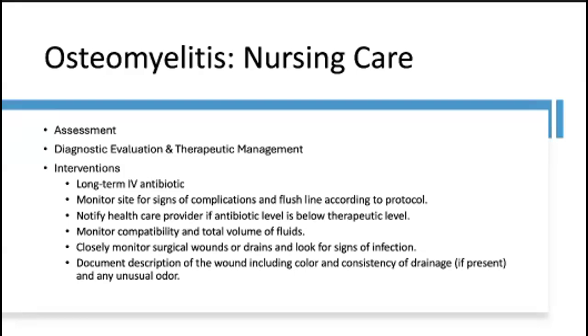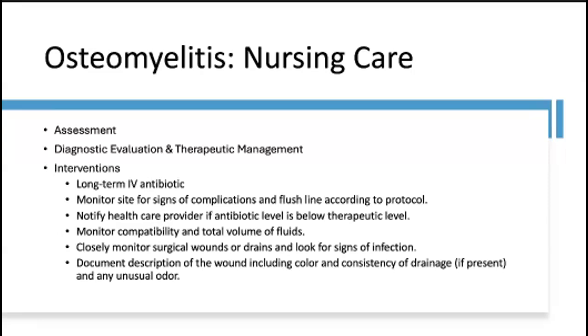Diagnostic evaluation, imaging: we want to do x-rays, ultrasounds, MRIs, CAT scans. Lab findings: we'll see elevated white blood cells, ESR, and CRP. We might do blood cultures to identify an infecting organism if we believe that it's septic at this point.